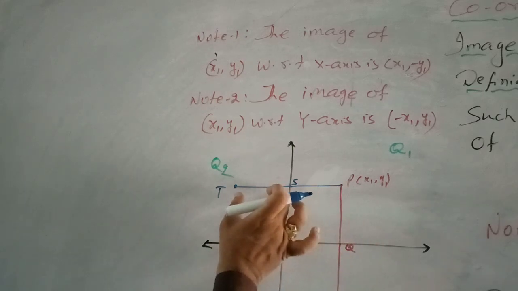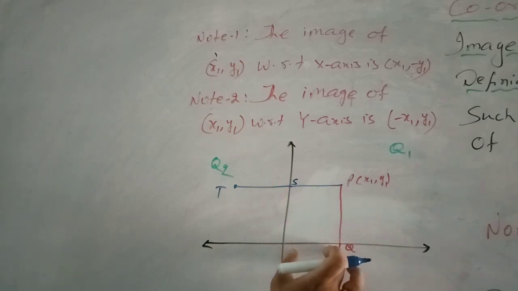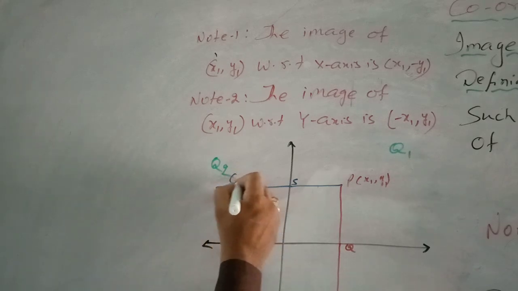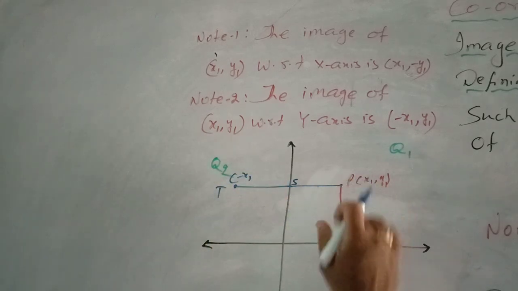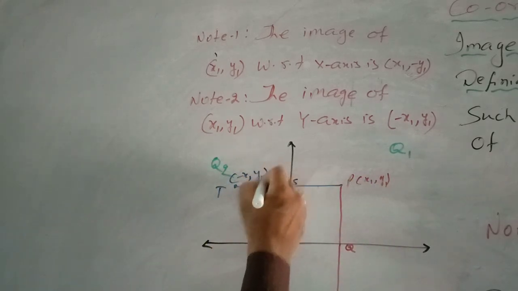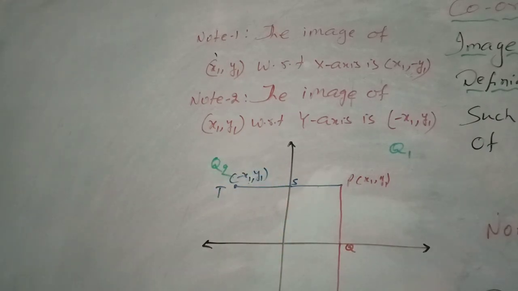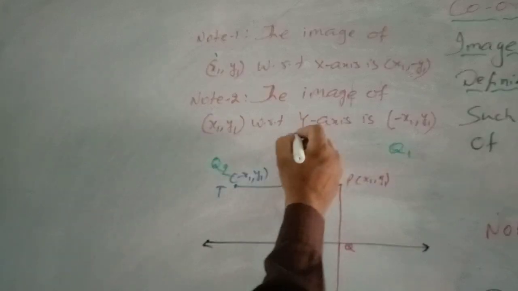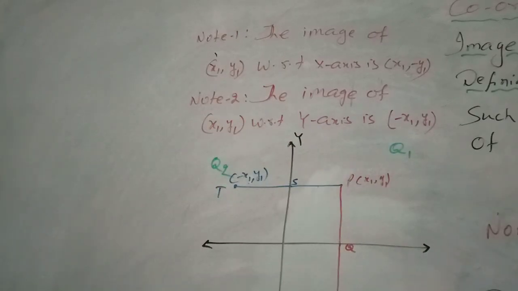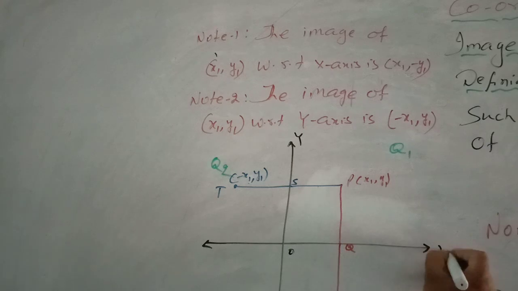From here to here it is the same distance: this is x1, so this becomes minus x1, and the length is y1, so this is minus x1 comma y1. So the image of P x1 y1 with respect to the y-axis is minus x1 y1. This is YOY dash and this is XOX dash.